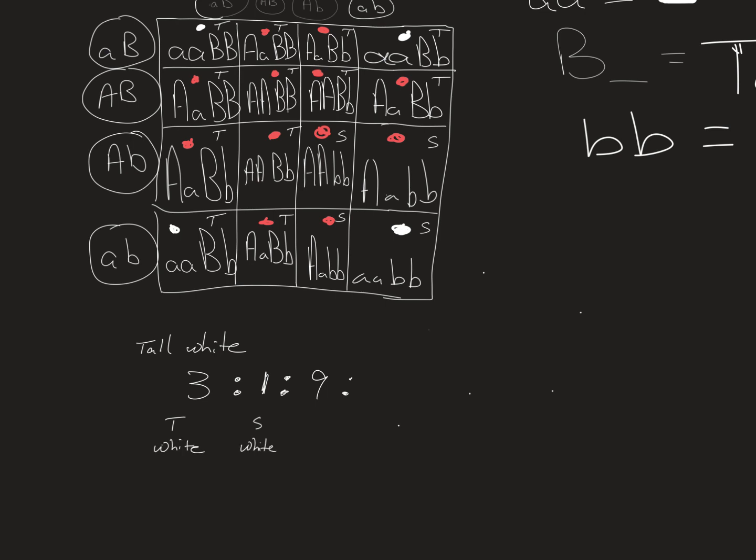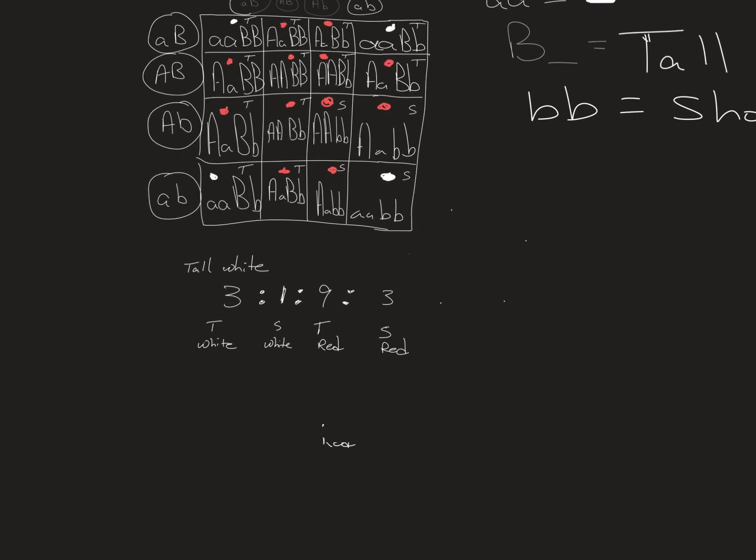And there's 9 what? Red and tall. And the next is what? Tall and white. No, we did tall and white. Short and red. Is that right? How many short and red are there? 3.